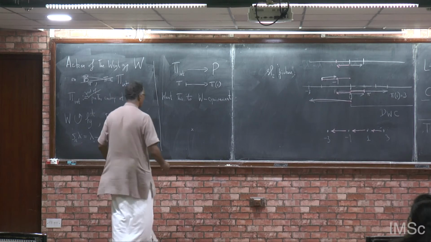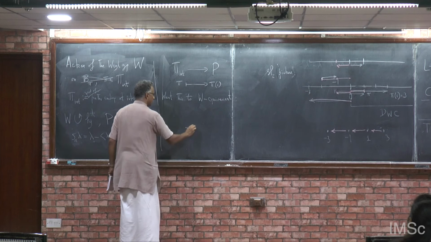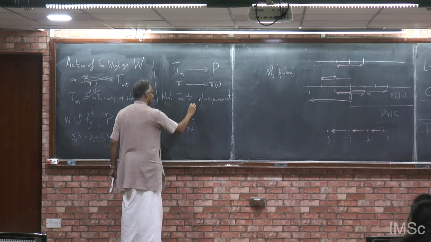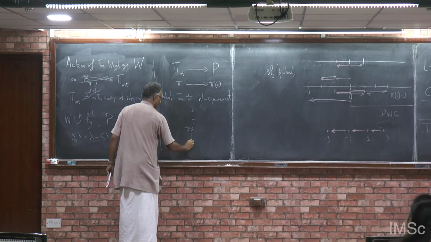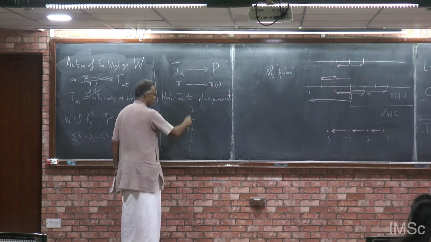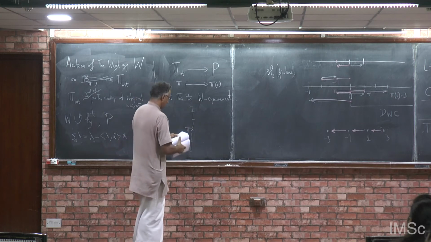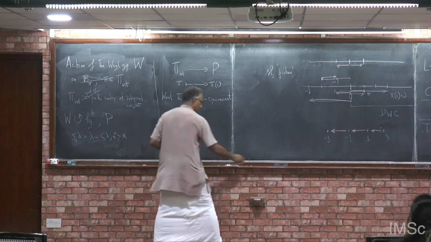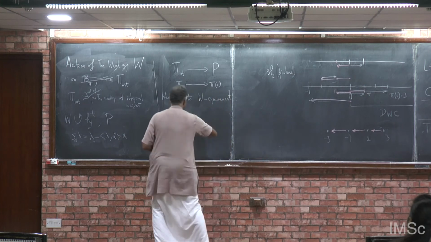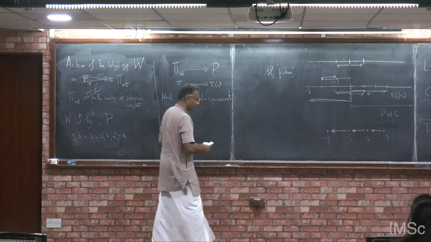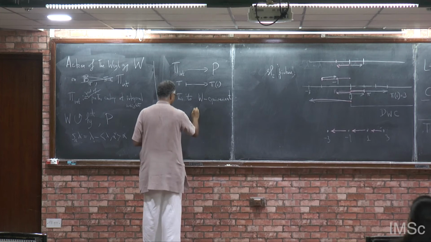Suppose I have a path here, and then I keep on applying the alpha string through that. Let me draw a picture here. It is kind of like this picture, except I'm now going to draw vertically.